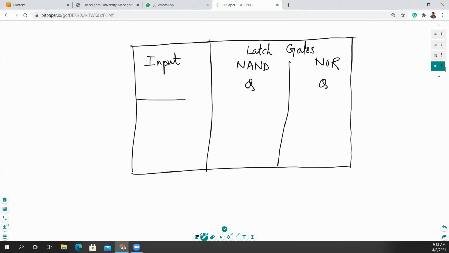Clear, all of you? So we have two inputs. One input is S and another input is R. There are four possible combinations: 0 0, 0 1, 1 0, and 1 1. For 0 0, the NAND gate output is invalid, whereas the NOR gate output is no change.